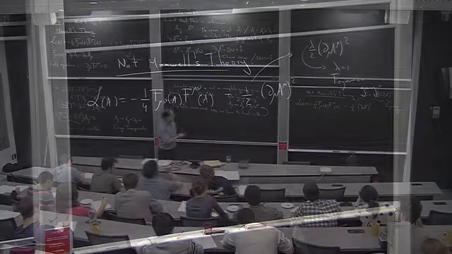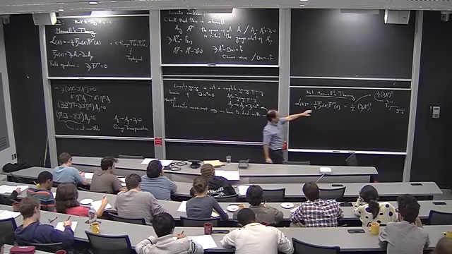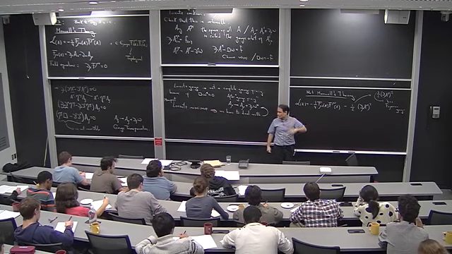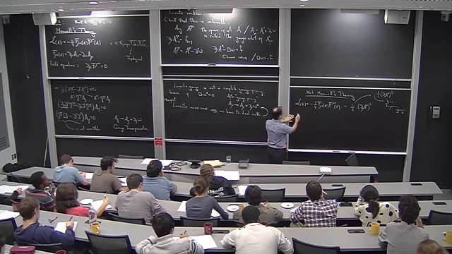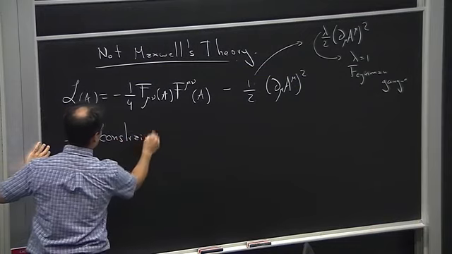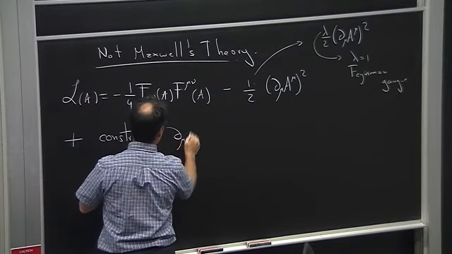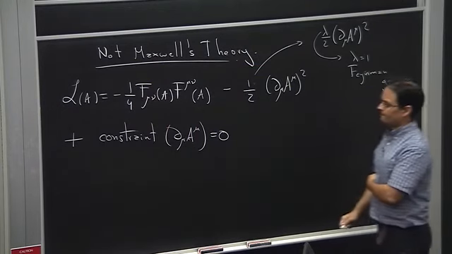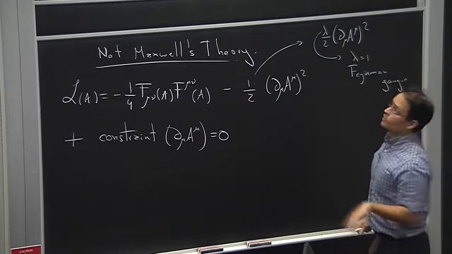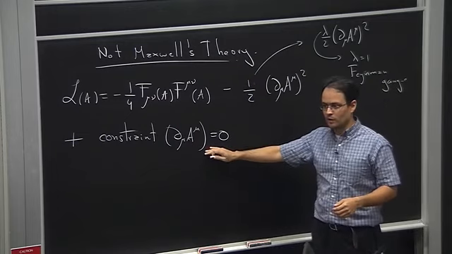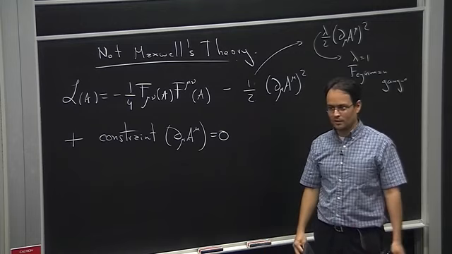Okay. Classically, if we start with this theory, and we find the field equations, and on top of that, we impose a constraint that we are on the Lorentz gauge, then our not-Maxwell theory plus a constraint becomes Maxwell's theory, okay?